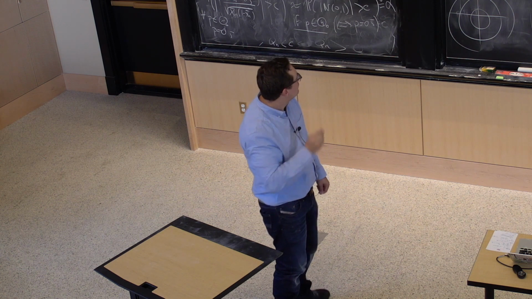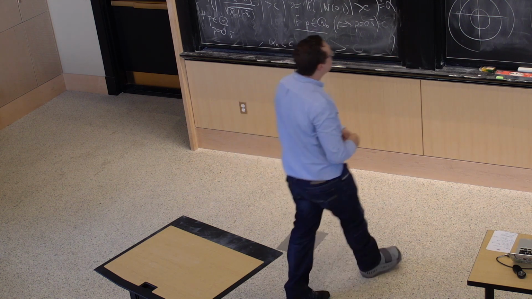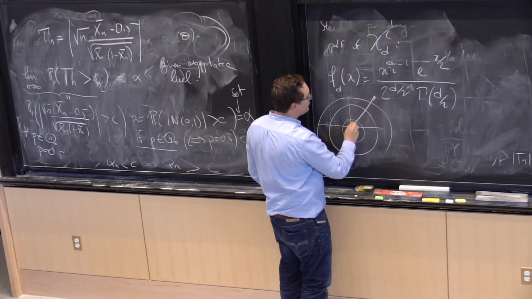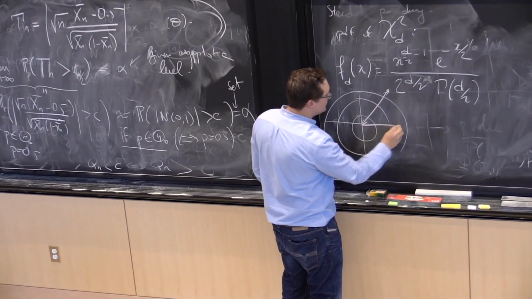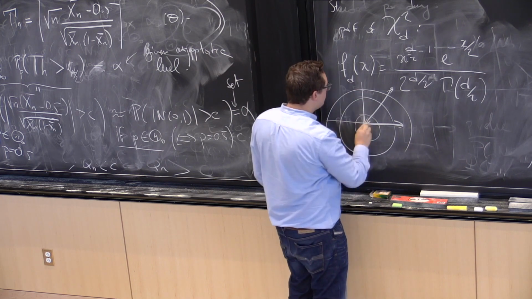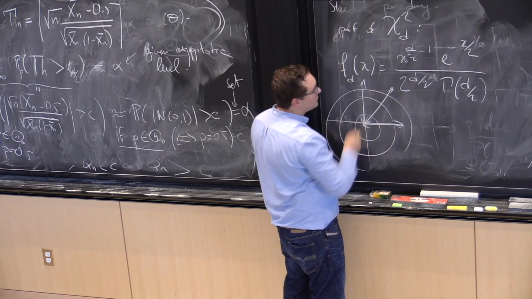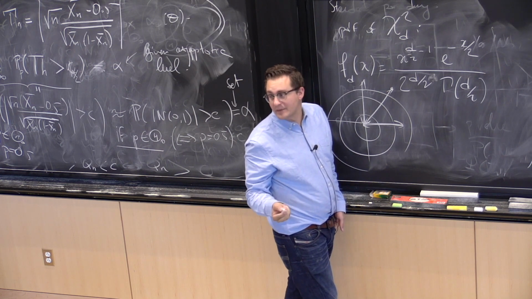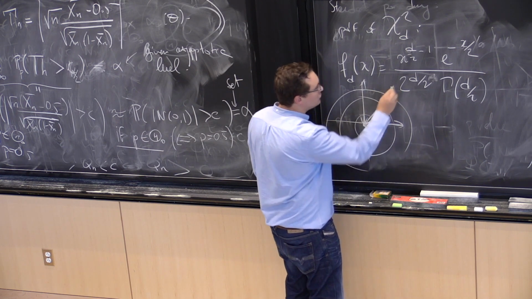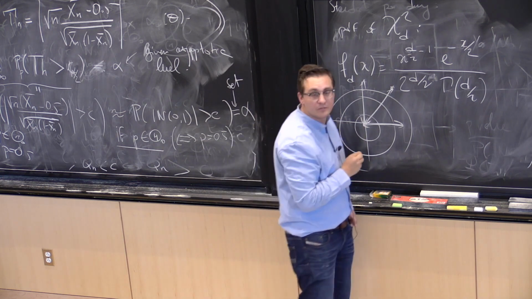So I'm throwing, and then I'm here, and I'm claiming that by Pythagoras' theorem, the squared distance here is the sum of this squared distance, which is the square of a Gaussian by assumption, plus the square of this distance, which is the square of another independent Gaussian. I assume those are independent. And so the squared distance from this point to this point is a chi-square with 2 degrees of freedom.